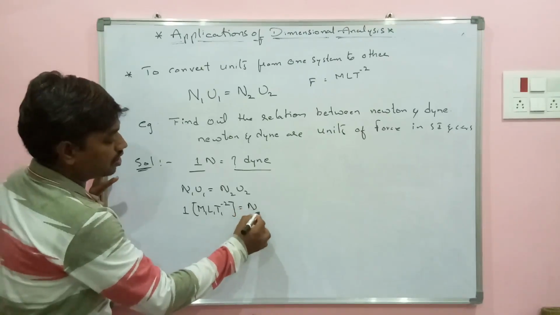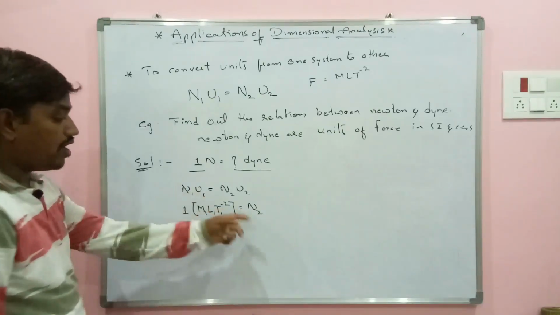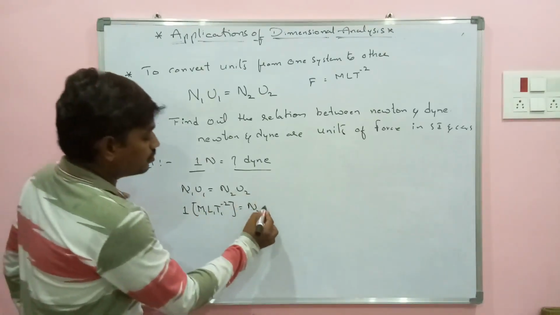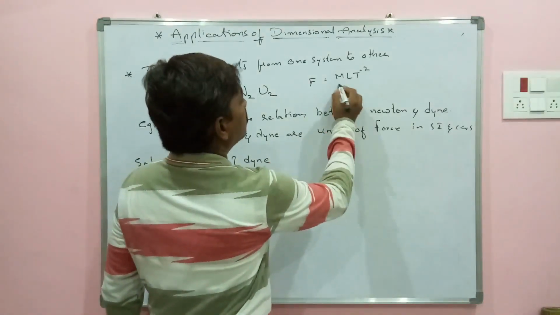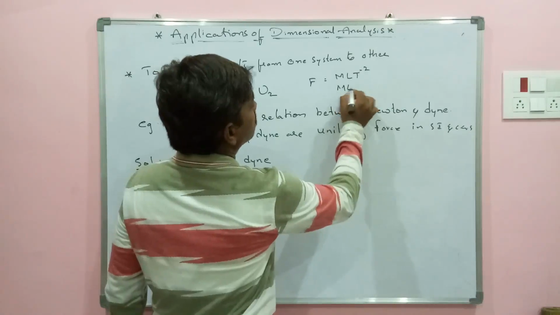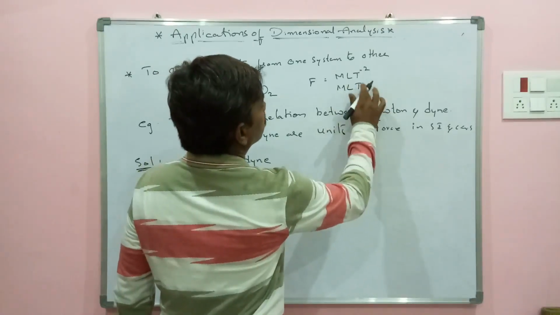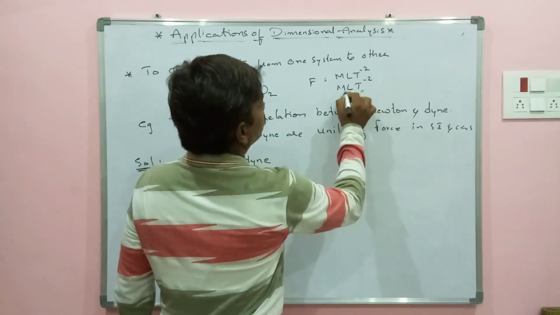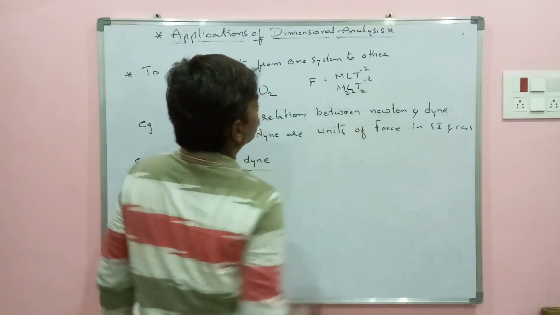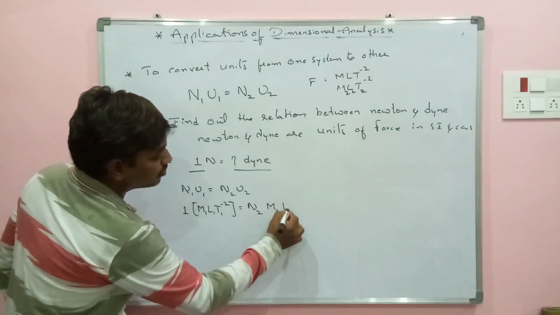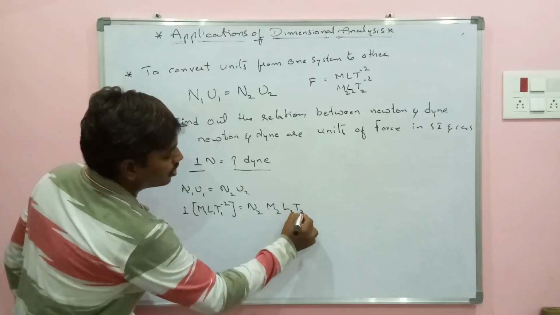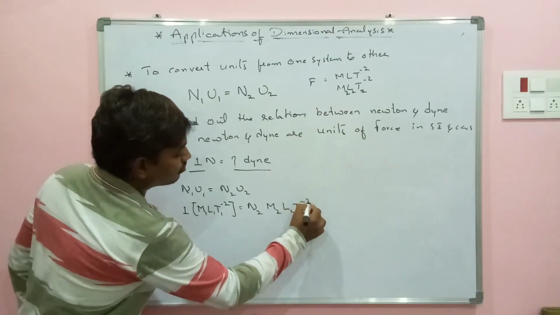This side, I don't know the value of N2. We should find the value of N2. U2 stands for dyne. Dyne is also nothing but the same physical quantities, mass, length and time. Let them be M2, L2, T2, so I'll be using M2 L2 T2 to the power of minus 2.